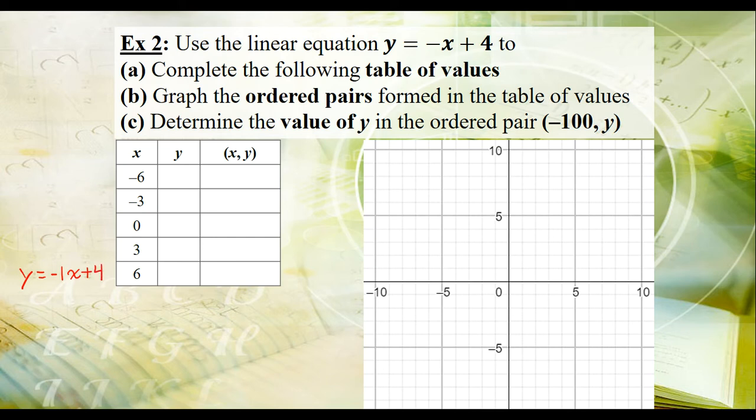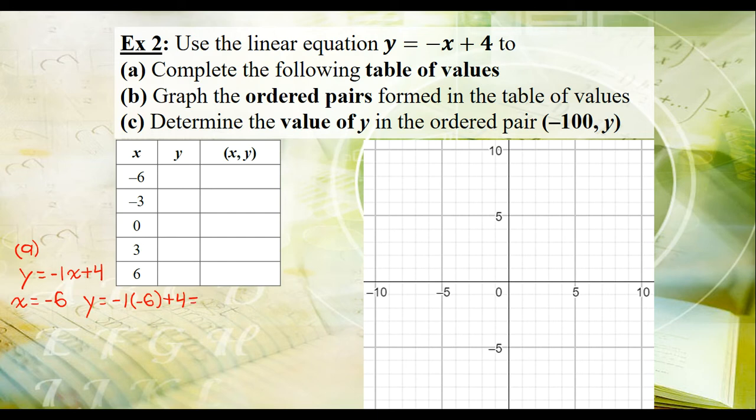Okay, now we're going to fill in the table of values by plugging in different values of x and seeing what y is equal to. So this is going to be part A. Okay, so if x is equal to negative 6 is our starting point, then y would be equal to negative 1 multiplied by negative 6 plus 4.